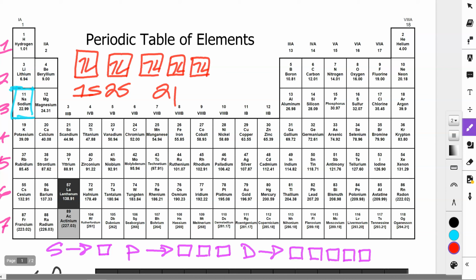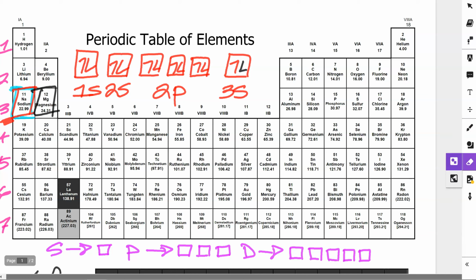And then you're really close to where you need to be. So you're right here at sodium. It's right there, and that's going to be row 3, S. S gets 1 box, and then we're just going to put in a single arrow. See, if I put in 2 arrows, I would have overshot it, and I would have landed on magnesium.